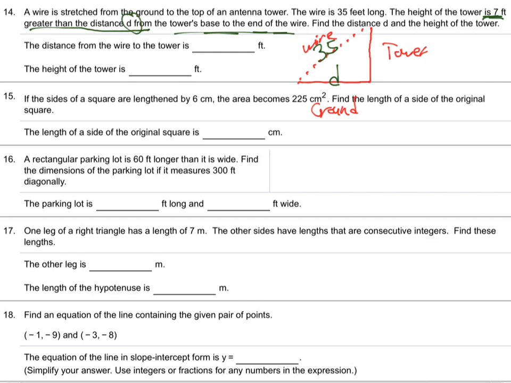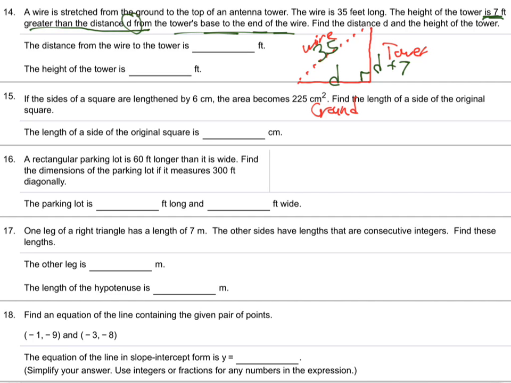This is d down here, and this is d plus 7. Does that make sense? 7 greater, d plus 7. Assuming that tower is built straight up, it's not the leaning tower of Pisa, so it's got a right angle there. We assume they built it straight up.